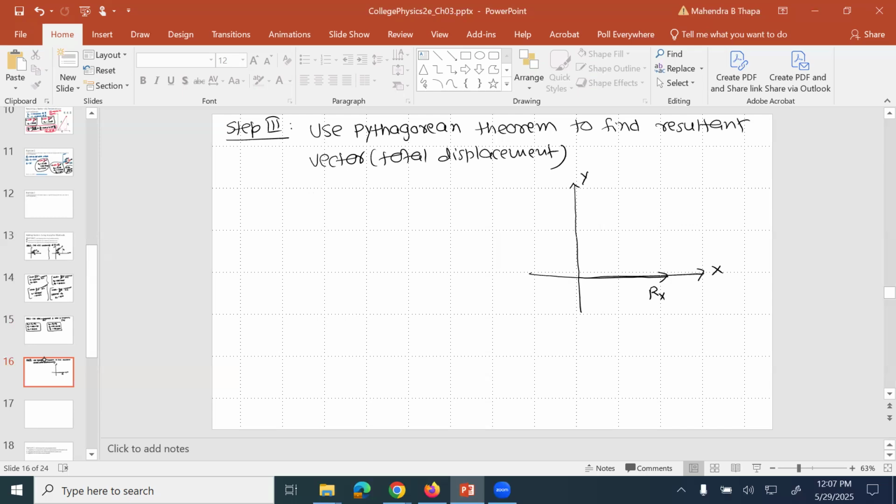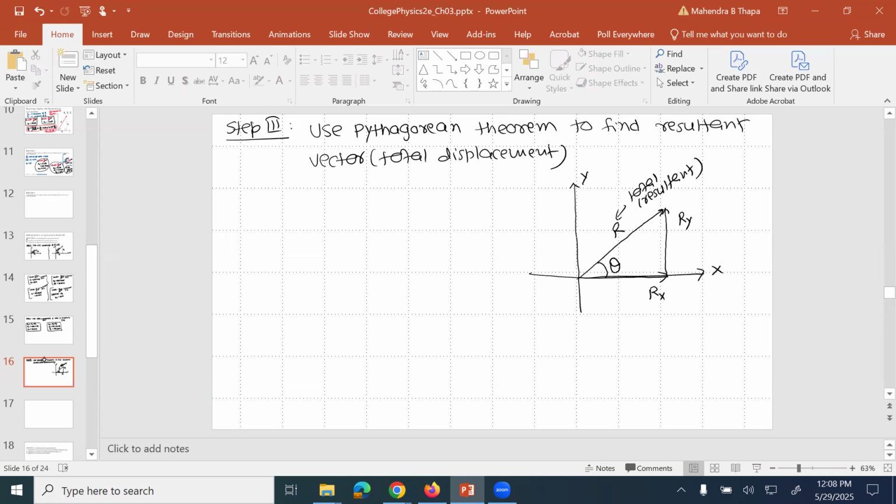My Ry is 85.62. So it looks like this. This is Ry. The total, or the resultant, is R. This is R, and it makes an angle theta with the x-axis. In physics we also call it the resultant vector.